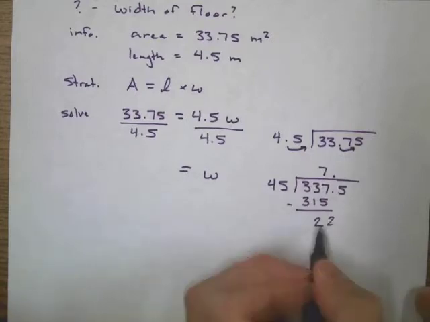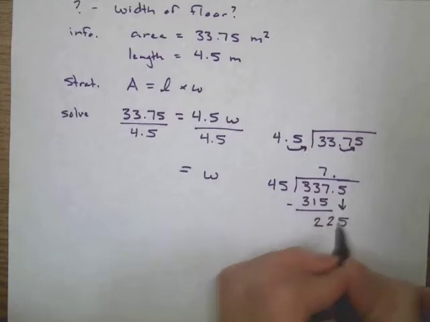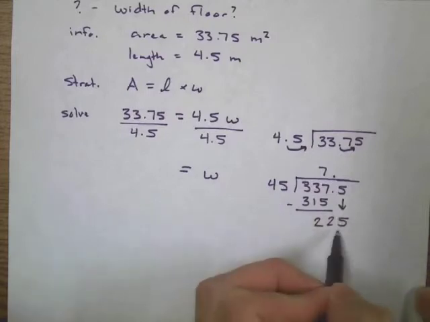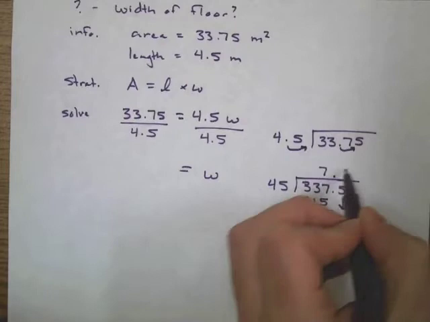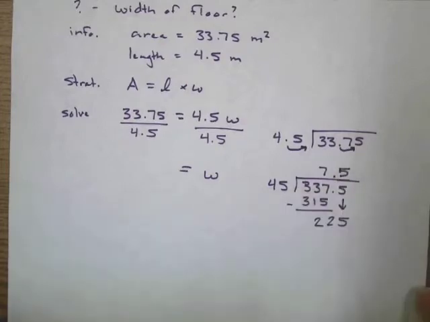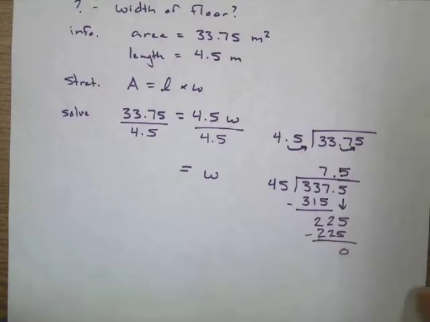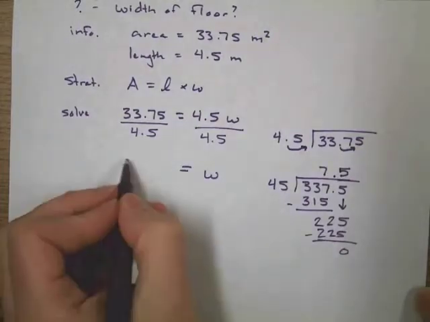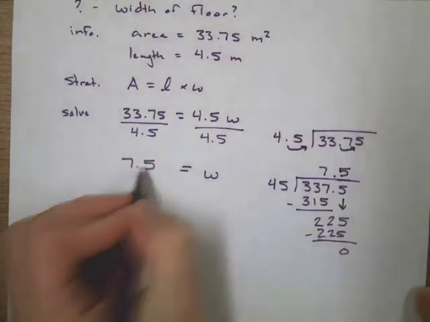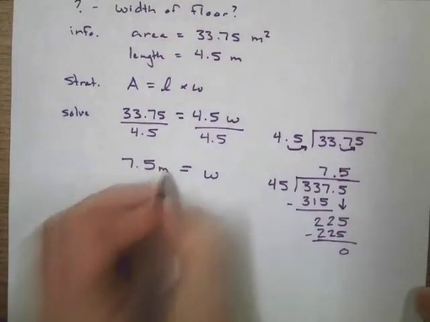End up with 22. I'm going to bring my 5 down. 45 goes into 225 5 times. And I end up with W, the width, equaling 7 and 5/10 meters.